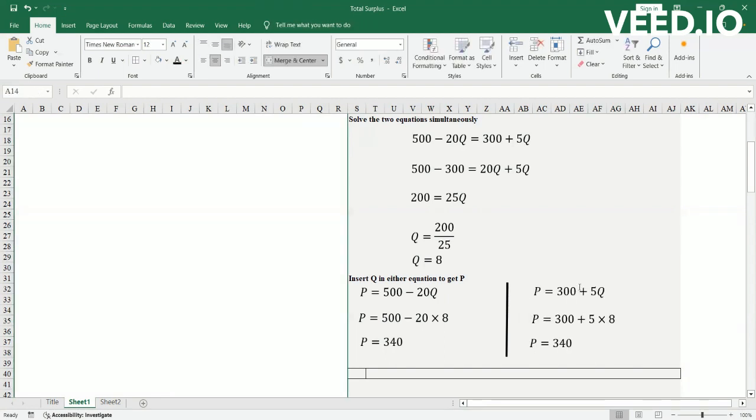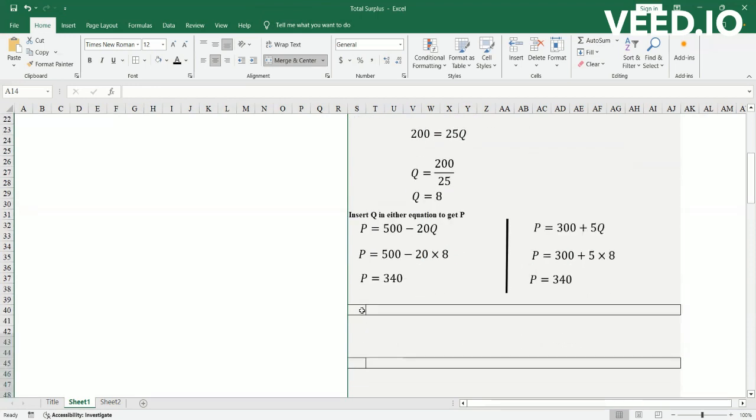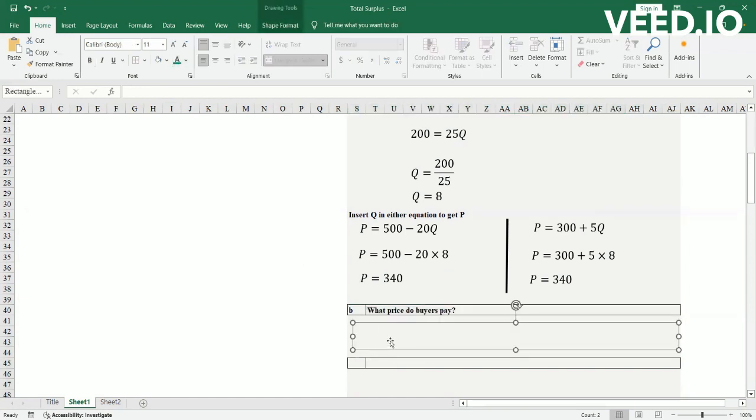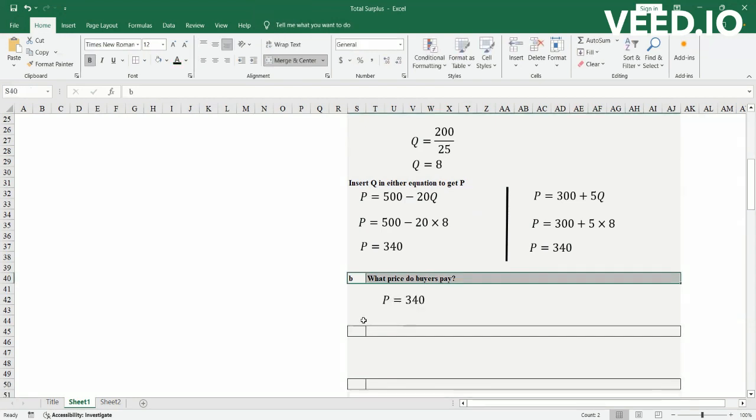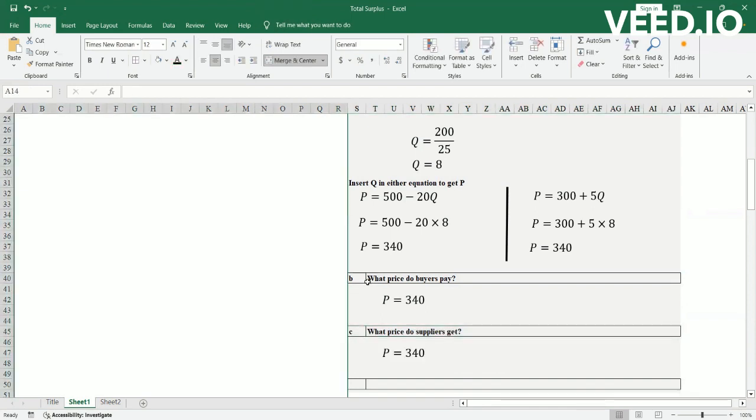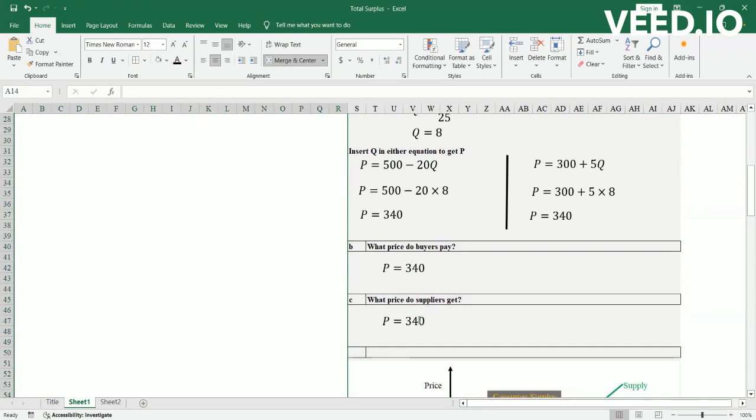P is equal to 300 plus 5Q, substitute Q equals 8, and we get price equal to 340. Notice that in an equilibrium without any quotas, subsidies, or taxation, the price that the buyer pays and the supplier receives are the same. So the price the buyer pays is 340, and the price the supplier receives is 340.